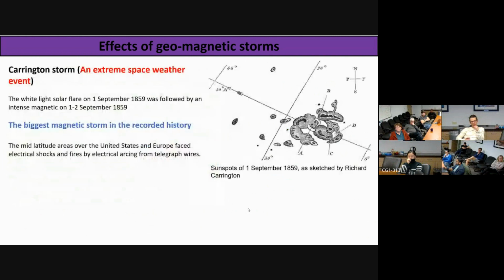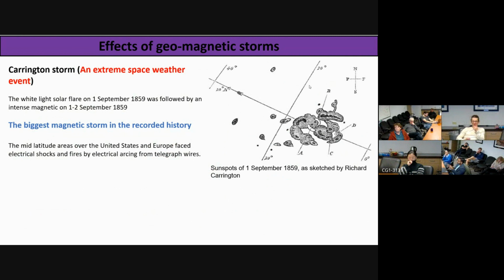And there are also examples of extreme space weather events, like in the year 1859, when there was a huge solar storm. On the right-hand side you can see a hand-drawn image by Richard Carrington of a solar flare, which was observed on the surface of the solar photosphere itself.